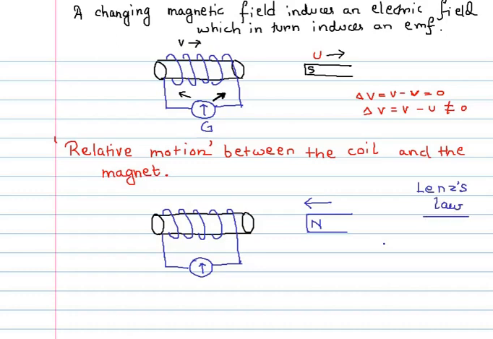Lenz's law states that the direction of induced EMF in this solenoid or in this coil will be such that it will tend to oppose the cause which produces it.